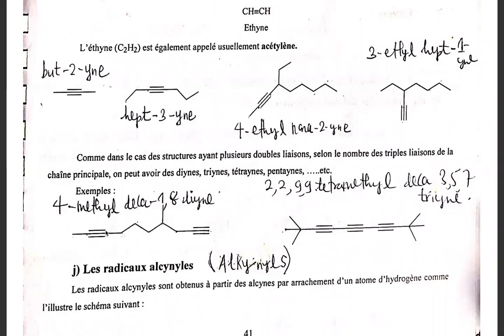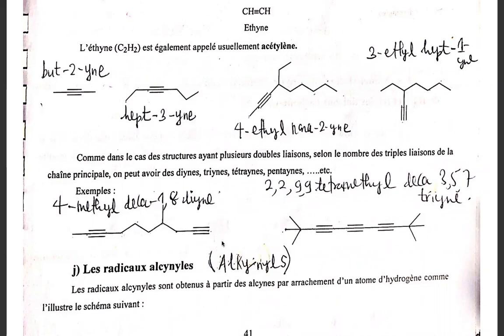At position number 8, we have the other triple liaison. We also have a substituent at position number 4, and this substituent is called a methyl.